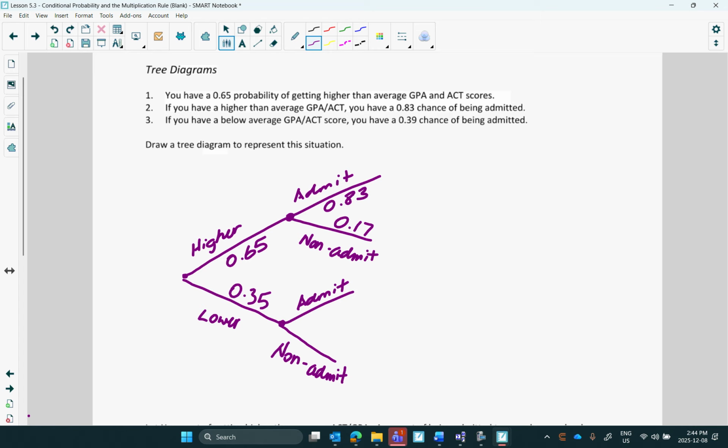You only have a 0.39 chance of getting admitted if you have a lower than average GPA and ACT, which means what's the probability of not getting admitted? 0.61. So when we have situations like this, we want to fill out the tree diagram with the probabilities, because then we're going to use all these numbers to help us answer certain questions.